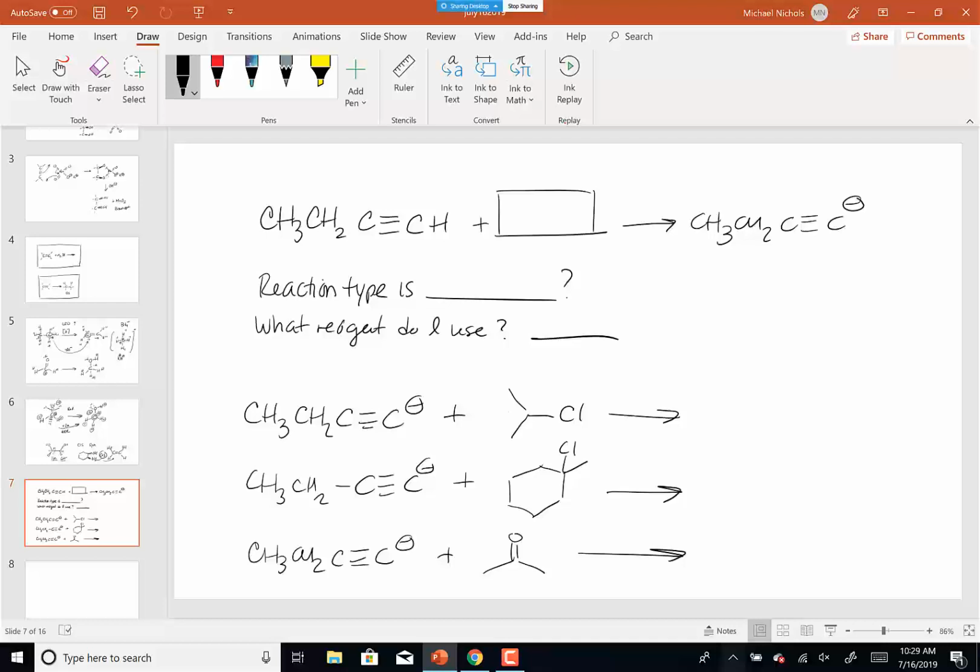But that's not oxidation. You might have to go back and take a look at your notes. But this is the acetylide ions.